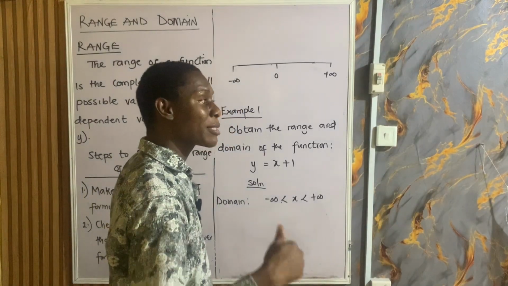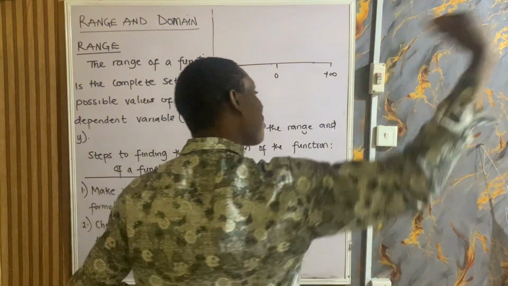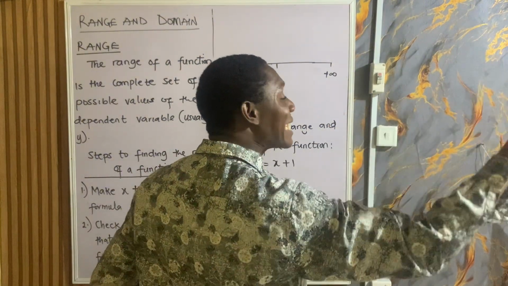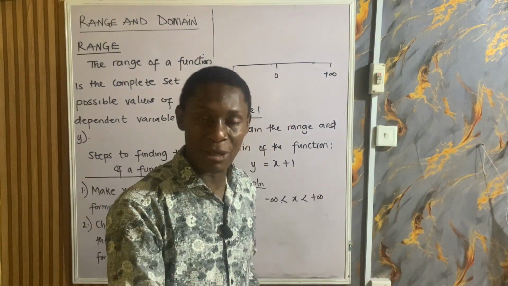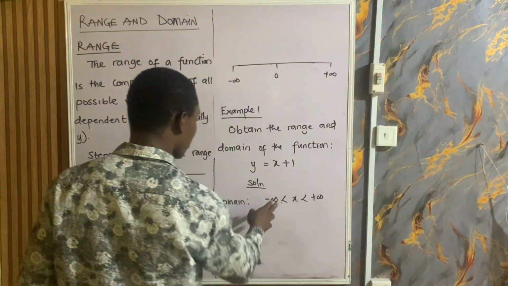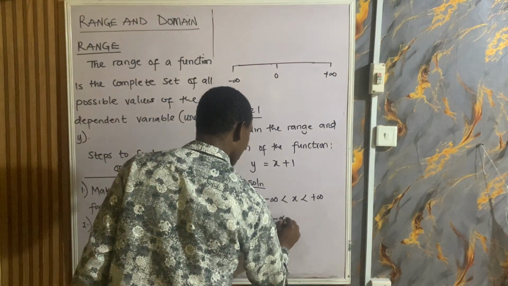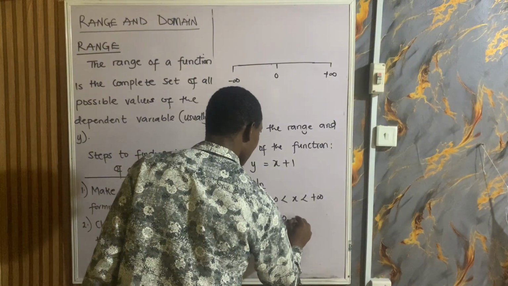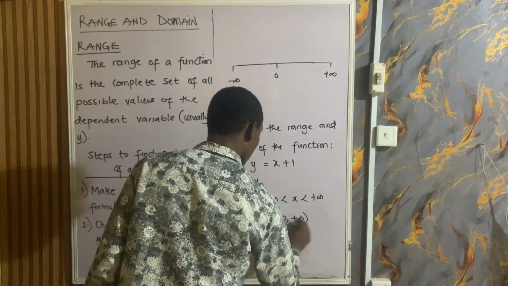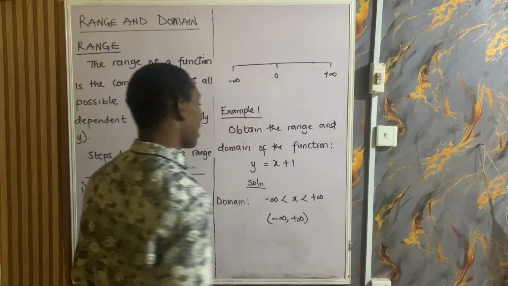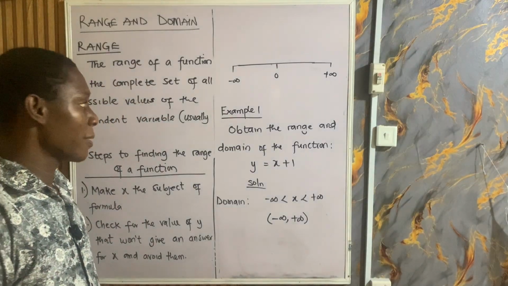Why? Because positive infinity is the extreme for all positive numbers, and infinity is not actually a number. So because of that, you just use this symbol. Another way to write this is to say negative infinity comma positive infinity, like this. So this is how to write the domain.